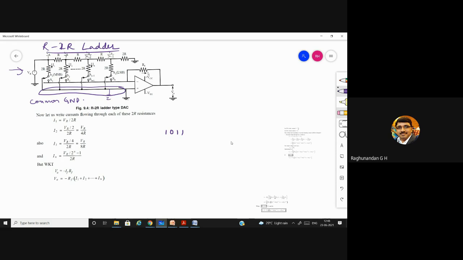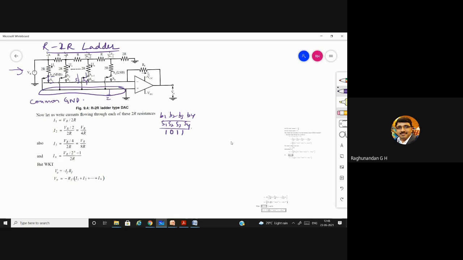I take S1, S2, S3, S4, and I close the switches for S3 and S4, and S2 will stay open as it is. Instead of telling B1, B2, B3, B4, we can tell it as S1, S2, S3, S4. This is with respect to the switch. Here I have shown both B1 as well as S1.